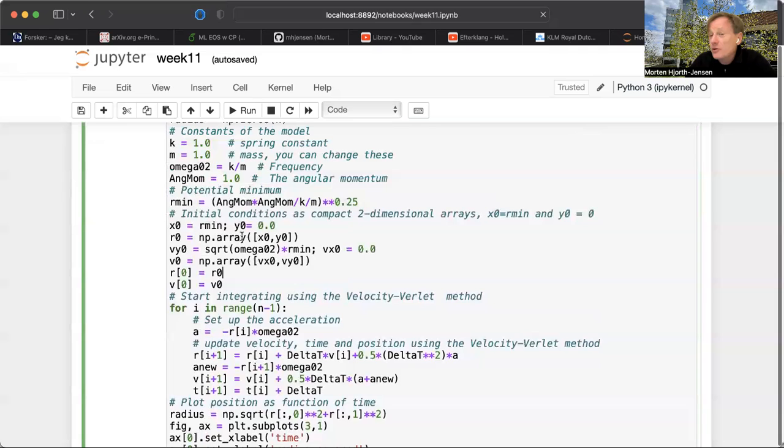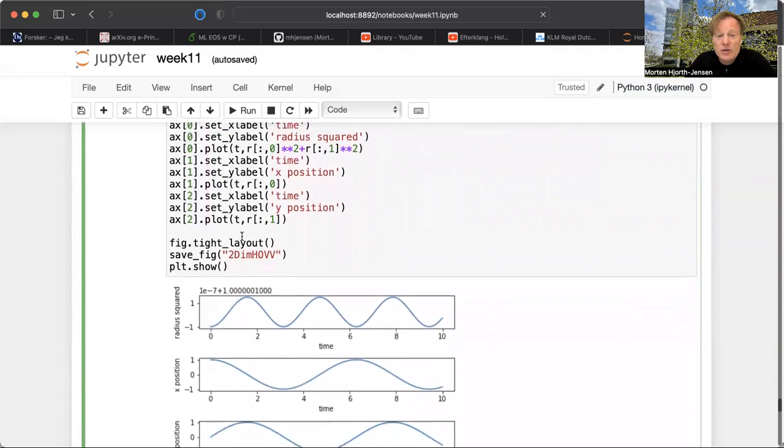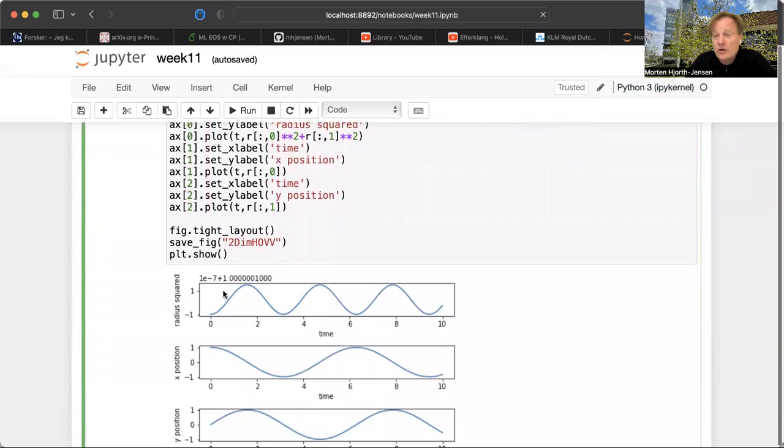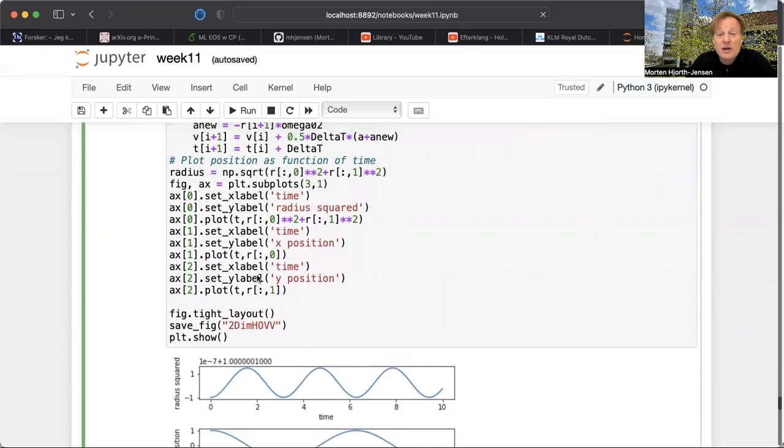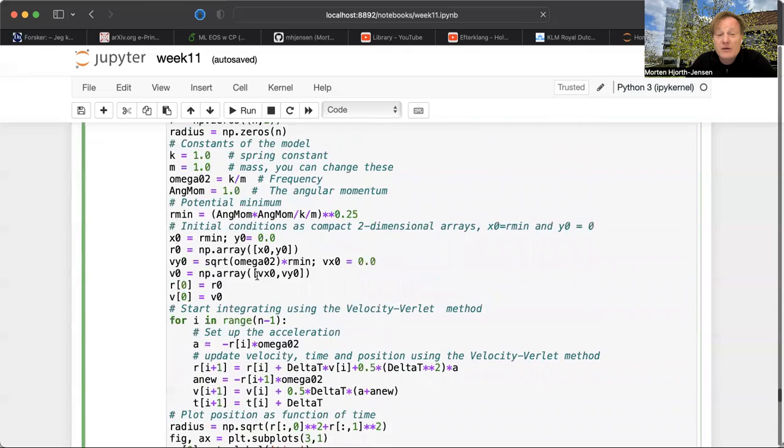So R min is actually equal to 1. And what you see here, due to the choice of a time step, gives me an error which oscillates between 1 plus minus 10 to the minus 7. So the radius is 1, and this is the error I make with a time step of 10 to the minus 3.